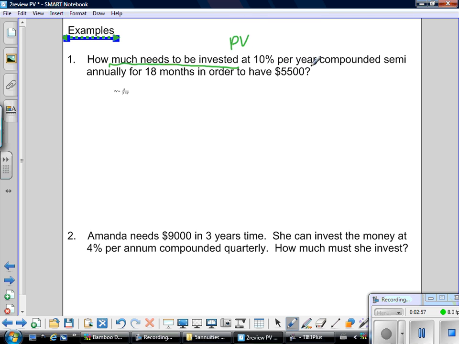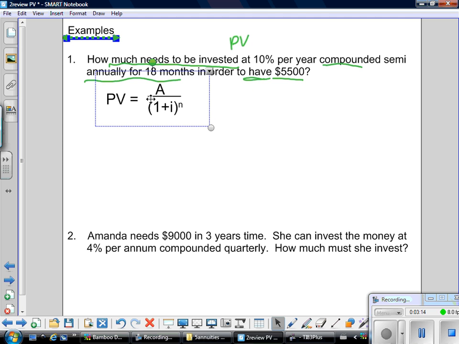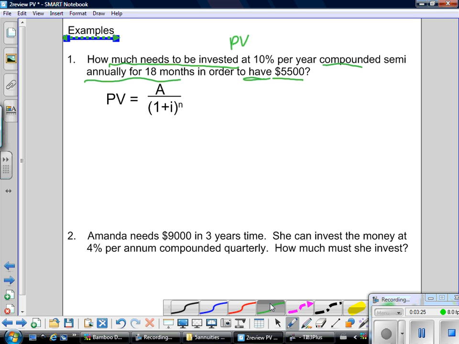It's per year compounded semi-annually for 18 months in order to have this in the future. As soon as I know that I want something in the future, I'm going to start with my present value formula. And the same way as with all the other formulas, we're going to write down our variables on the right-hand side so that we can get them from the question.